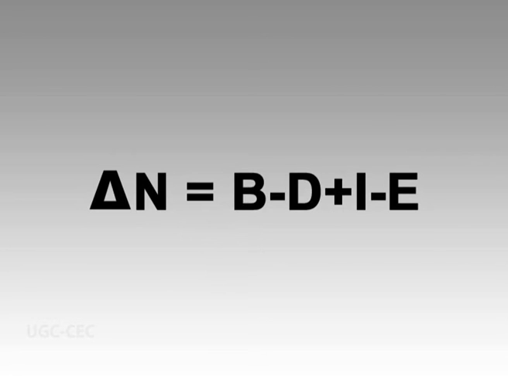Thus, if delta N, that is the change in population size, is positive, the population will increase in size, whereas if delta N is negative, the population will decline.